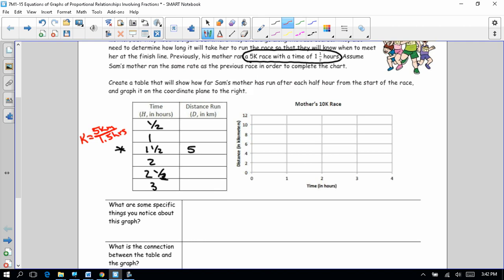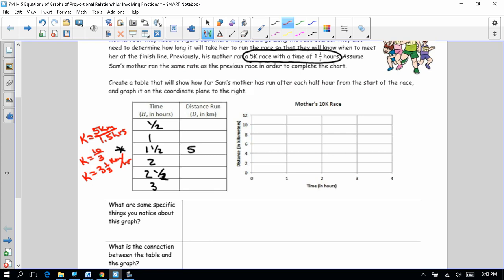I'm going to double this because it's not legal to have that decimal in there. So that becomes 10 over 3, or we can calculate that to be 3 1/3. So she's doing 3 1/3 kilometers per hour. That's how fast she's going.